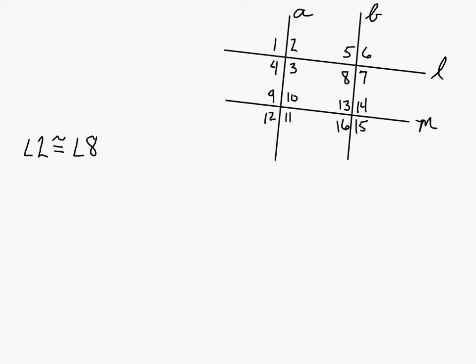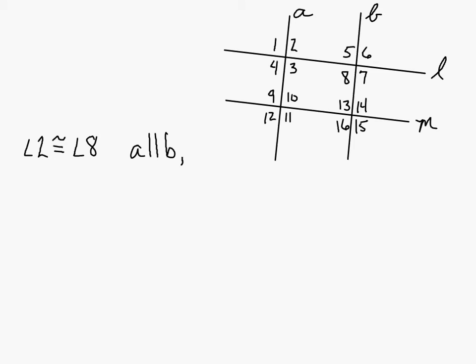If angle 2 is congruent to angle 8, what lines are parallel? That's a B, right? That's my attempt at a script B. A is parallel to B, right? So here's how you would answer it. A is parallel to B.